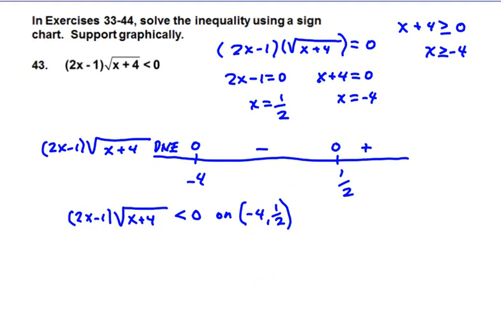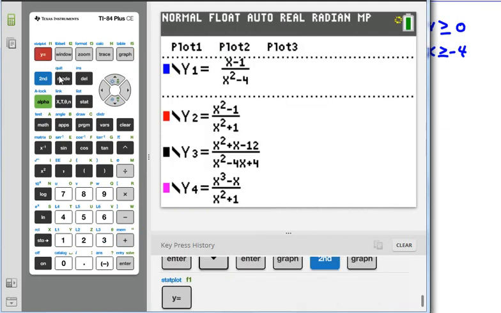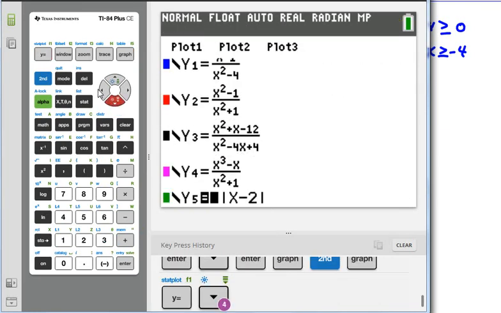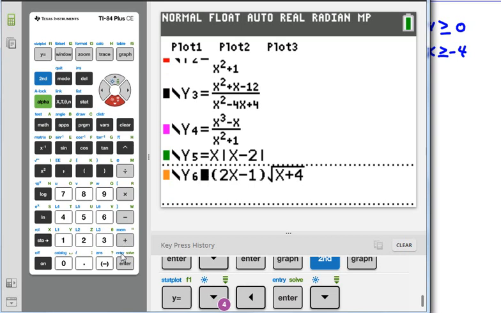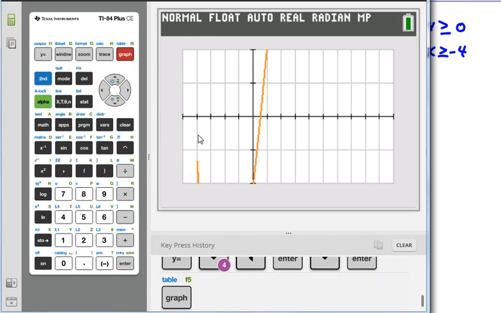And then we can check graphically here. I'm going to gray out function 5. There it is. So we should see negative 4 to 1/2 on this thing. Okay, here's negative 4 where the thing starts.